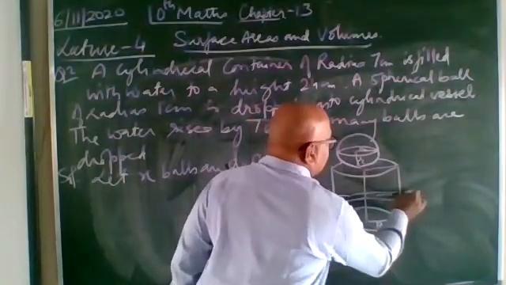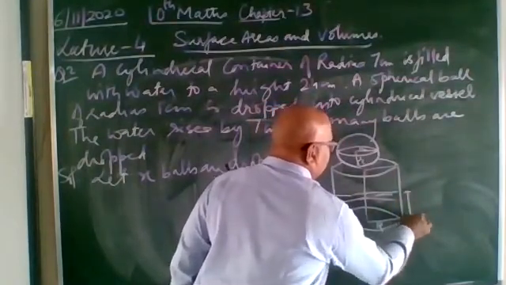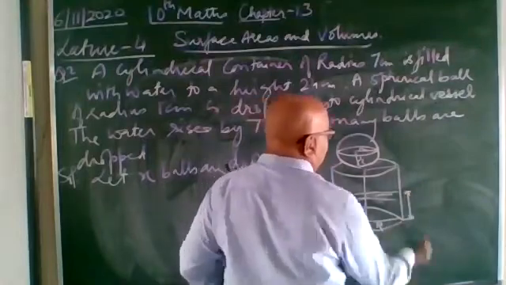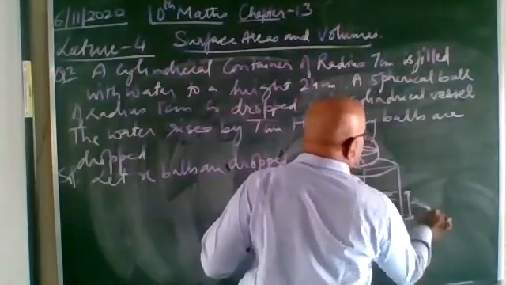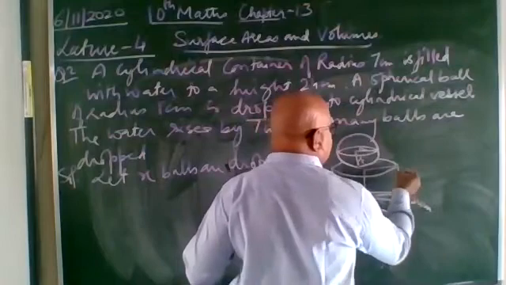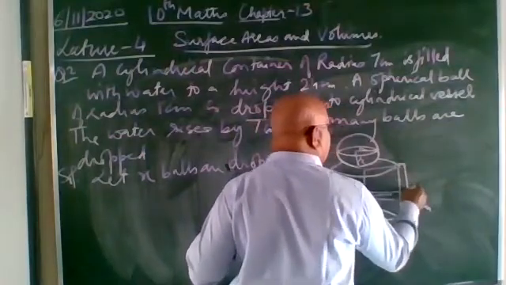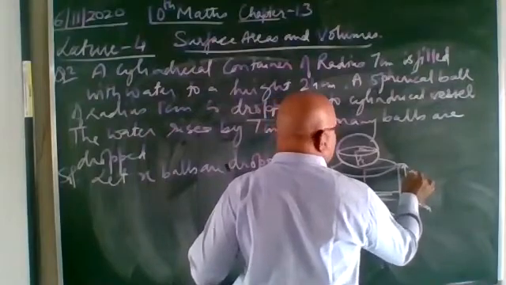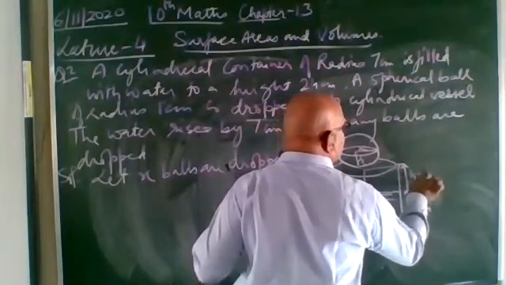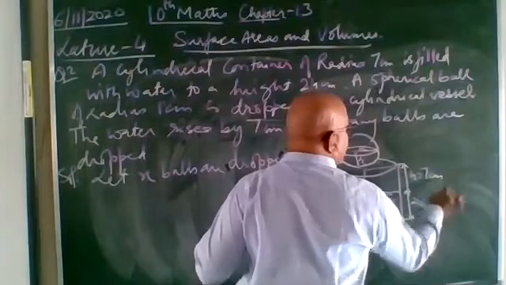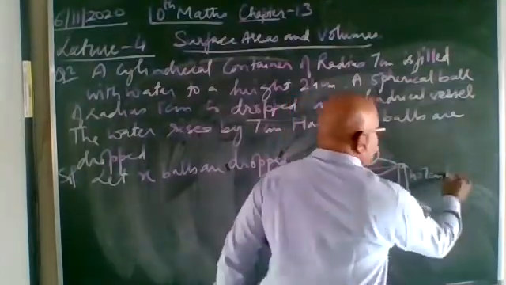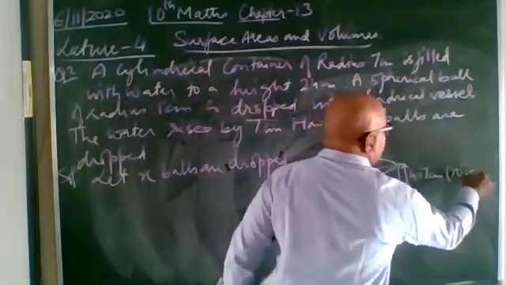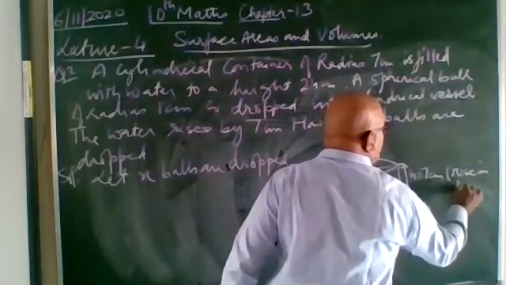This was the water level first, 24 centimeter. Now water rises by this. This is the rising level, that is H, 7 centimeter. This is the rise in level.